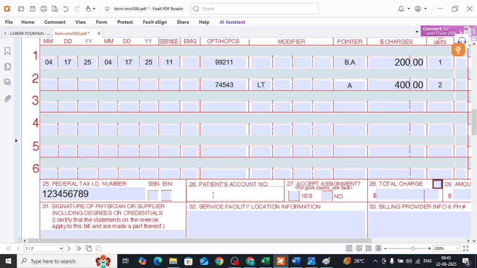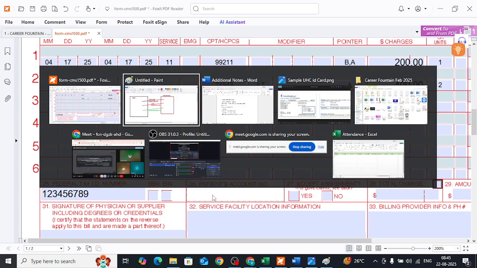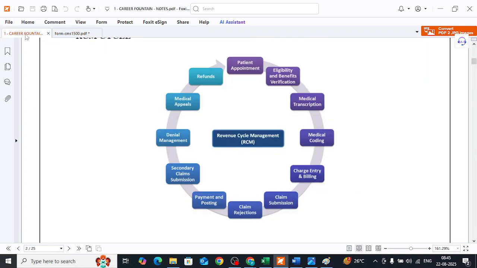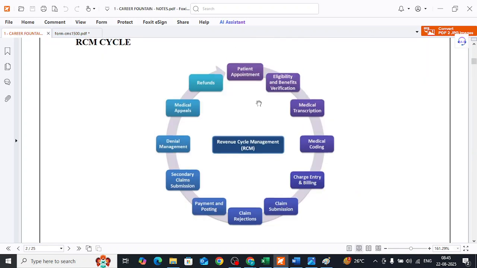Box number 26 is for the patient account number. Whenever a patient is booking an appointment, if he is coming to our hospital for the first time, there is no record in our software. So whoever is booking the appointment for that patient will create an account in our application. But if the account already exists, then every time he is not going to create a new account.